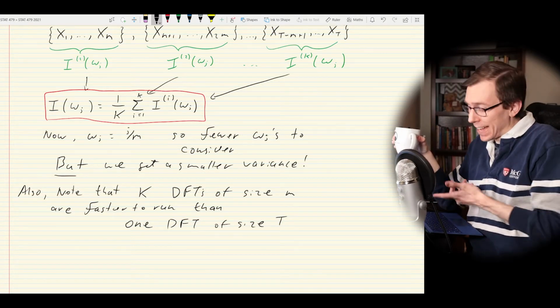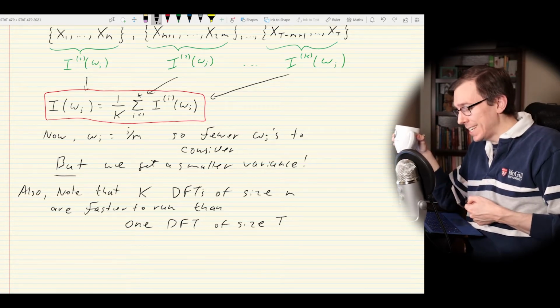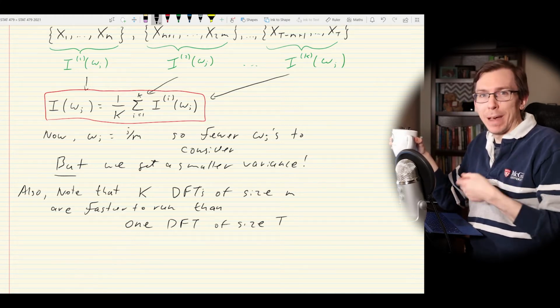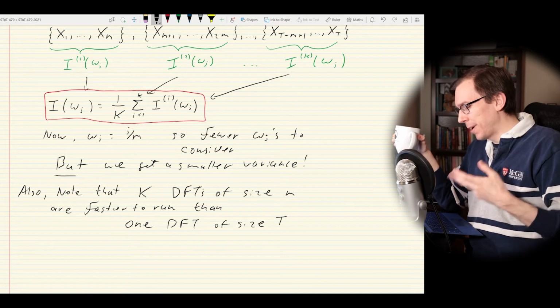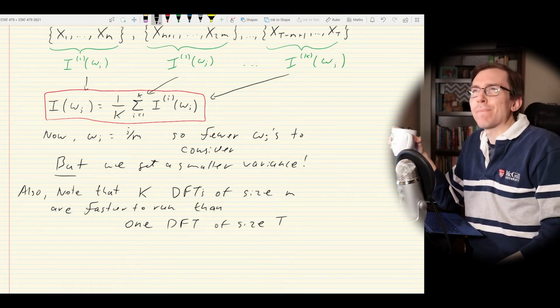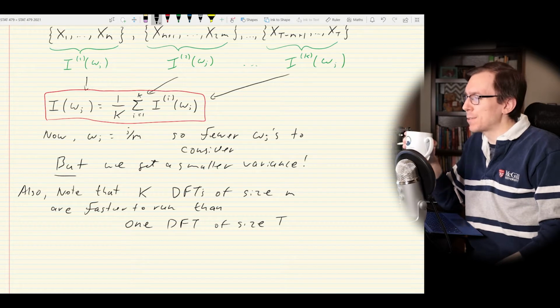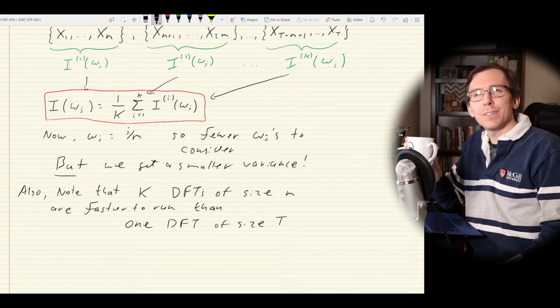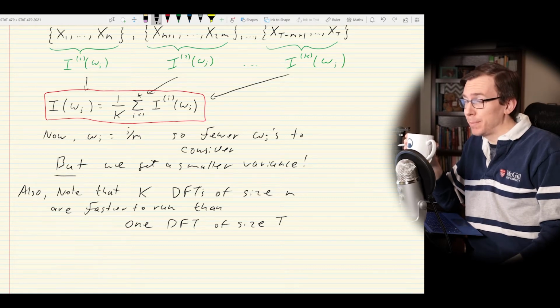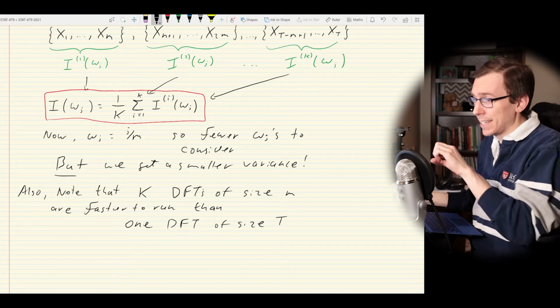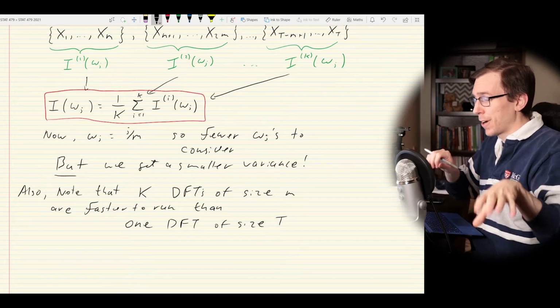And that's not to mention the fact that you could also parallelize this really easily, because if you're doing k DFTs, you can farm them out to different processors, whereas if you're doing one DFT, I don't know if it's parallelizable, actually, if the FFT is a parallelizable algorithm. I guess if you're doing divide and conquer, it actually might be, because you'd effectively just be splitting everything into pieces and then farming out the pieces.